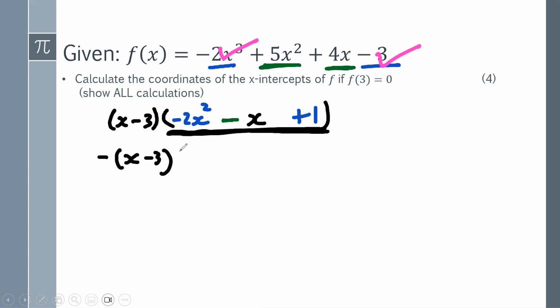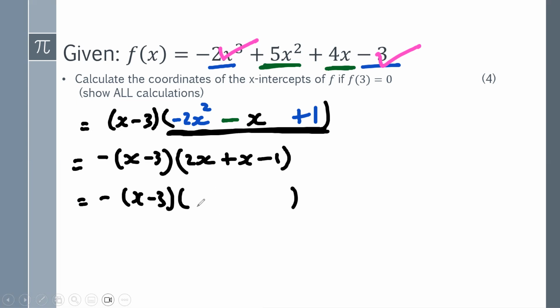So I factor out the negative 1. I am left with 2x squared, plus x, and minus 1. Now, this makes life a little bit easier for me because now I can factorize this. You could still go ahead with the quadratic formula, but this is quite simple, I believe. So it's 2x.